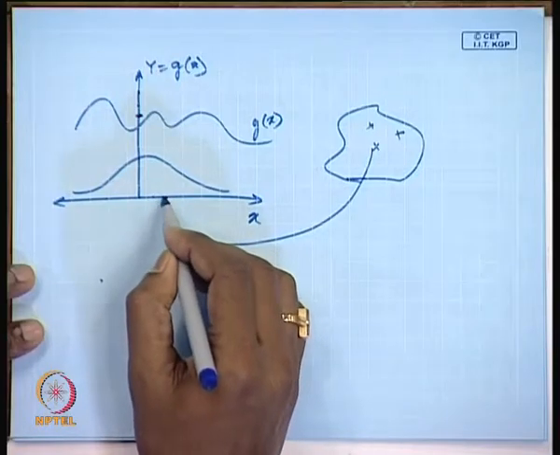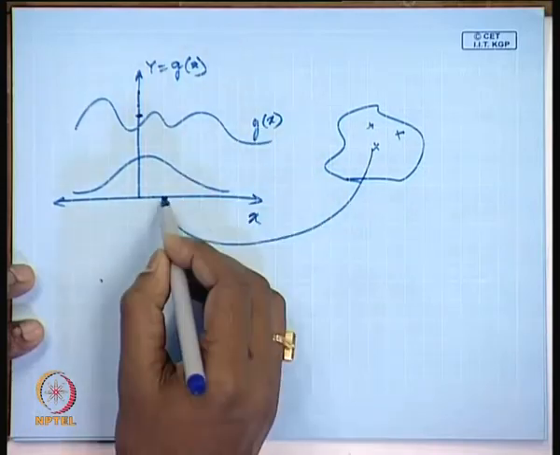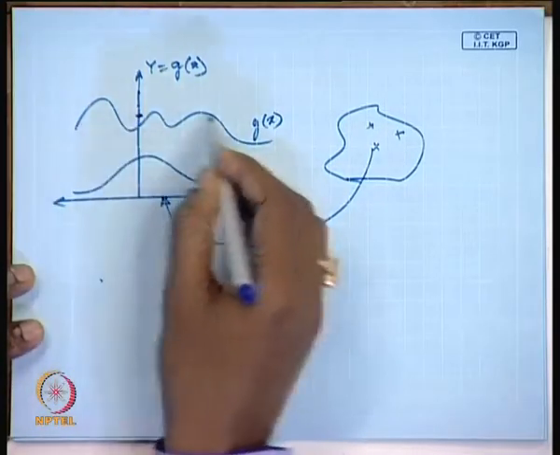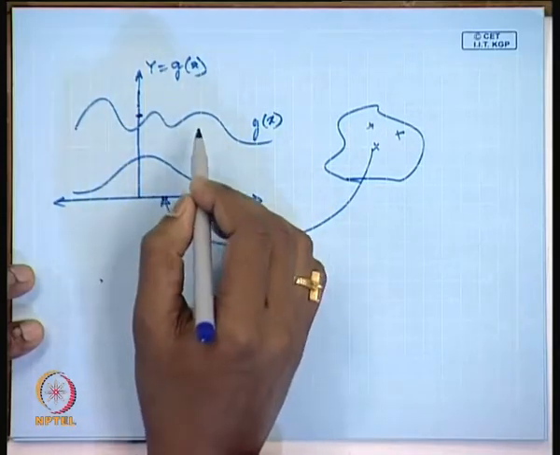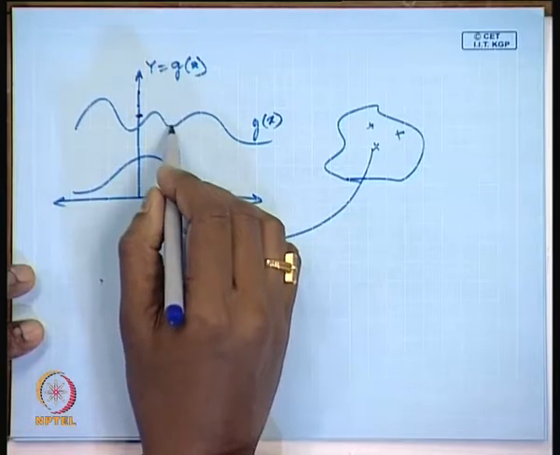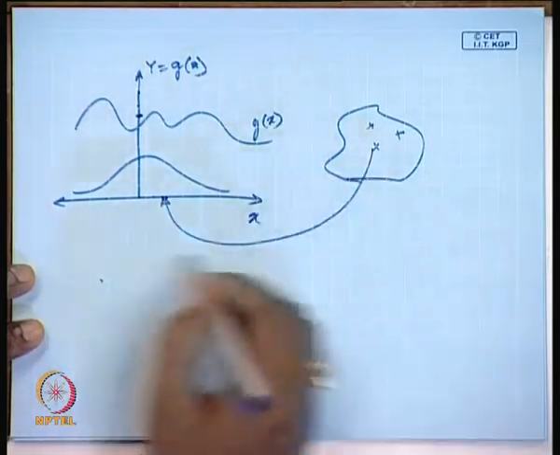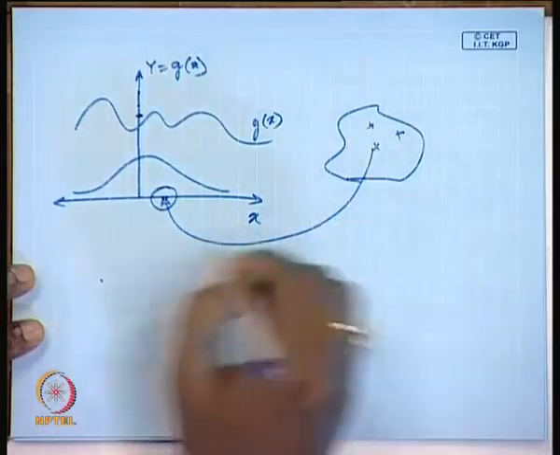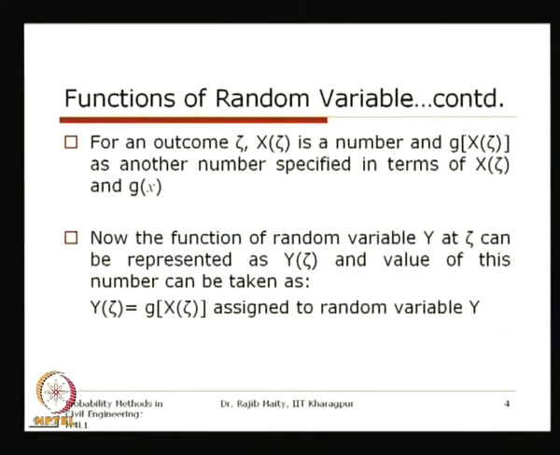And from this, based on this functional relationship g(x) and this number, this function is known to us. So this g(x) is defined as another number specified in terms of both this functional property as well as this number, which maps from the experimental outcome to the line. So this is what is specified here.